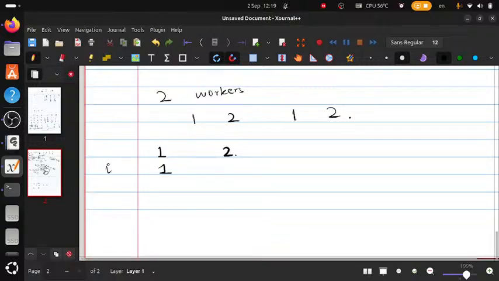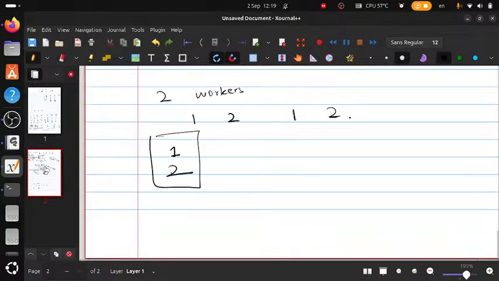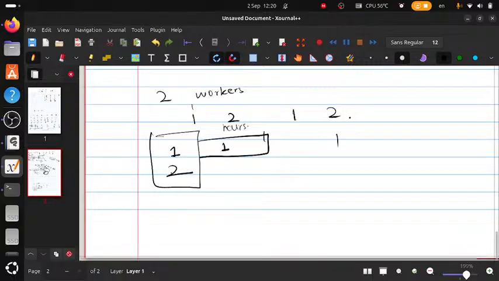And we're going to solve this. Actually, let's do it in this manner. So we have person 1, person 2, right? And we have hours here. So 1 hour, 2 hour. In the first hour, this person solved the task 1. Second hour, he solved this task.